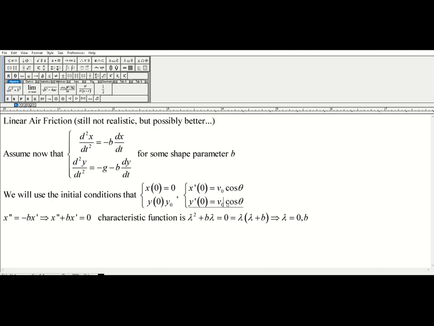Okay. So let's go ahead and try to solve this. So using our characteristic equation, we see right away that x of t equals e to the 0, so that's going to be 1.